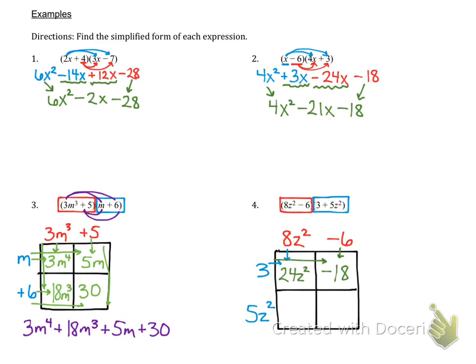And then we have 8z squared times 5z squared, so that came from here and here. And 8 times 5 is 40. And then z squared times z squared is z to the 4th. And then we have 5z squared, which is coming from over here, and that negative 6. So that's going to give us a negative 30z squared.